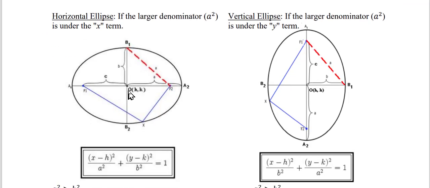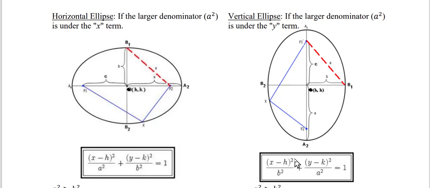This picture shows, and I want to be clear that this is not necessarily the origin, that is the center of the ellipse here. If the center of the ellipse is (h, k), that's that shifting left and right, up and down. Notice these are both the same.